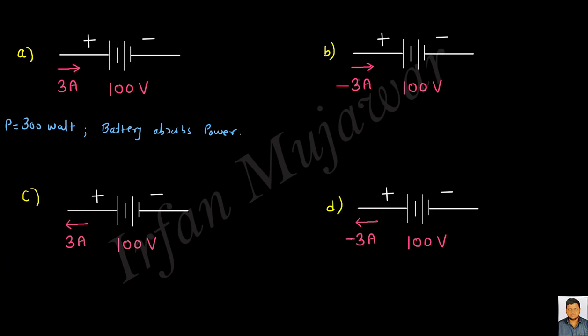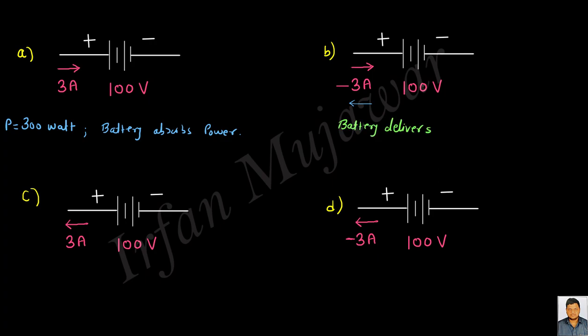Now consider the second case. In the second case, voltage is 100 volt, but current here is minus 3 ampere in this direction. So what does it mean? Actual current will flow in this particular direction. If current is flowing away from the positive terminal, then it will supply the power. So it will act as a discharging circuit. So we can say that in the second case, the battery delivers the power.